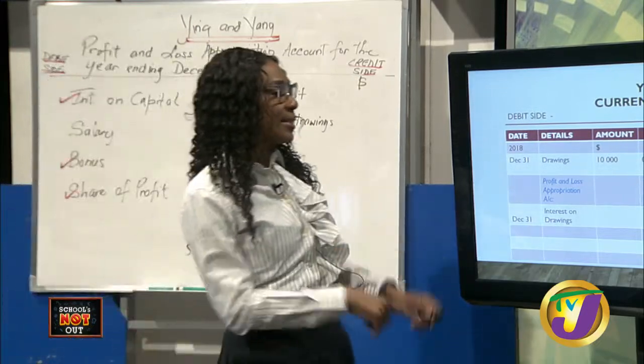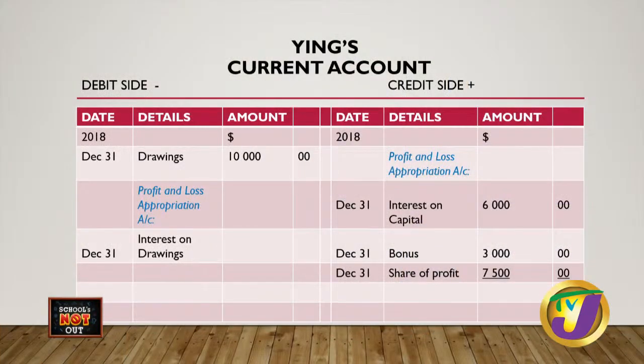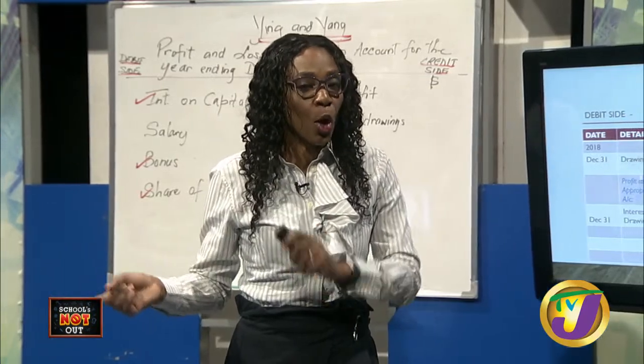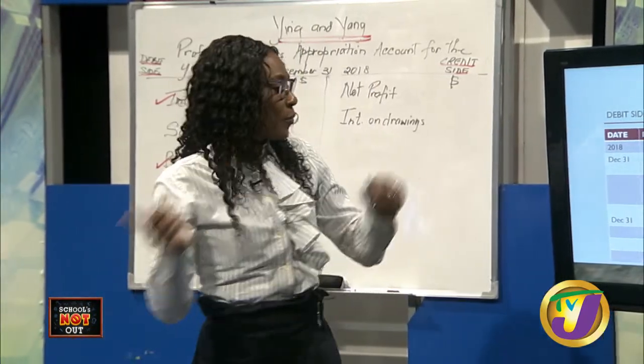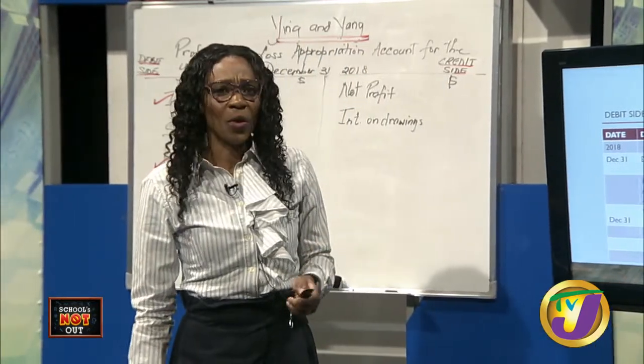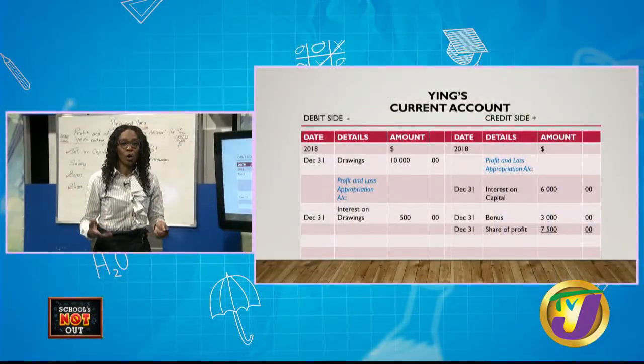Hence, I placed it above the profit and loss appropriation account area that I'm listing the items that I'm taking from such account. However, interest on drawings was listed in the appropriation account on the credit side, so it falls on the debit side. And of course, it's an amount of $500.